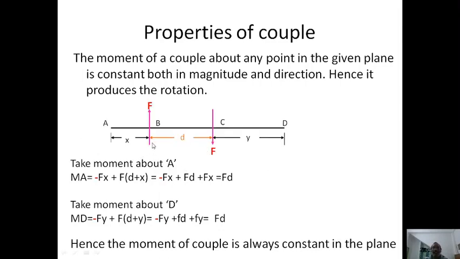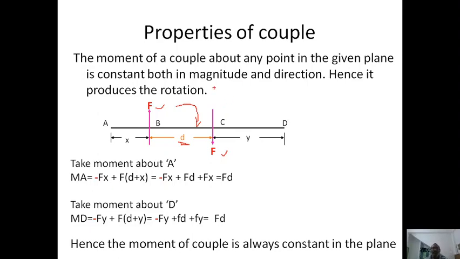So in a plane there are two forces separated at a distance d, like unlike parallel forces. So that means it is forming a couple. This force and this force act at a perpendicular distance d. Hence it provides a couple, a clockwise moment couple. Right.